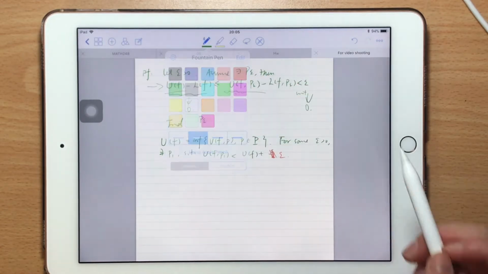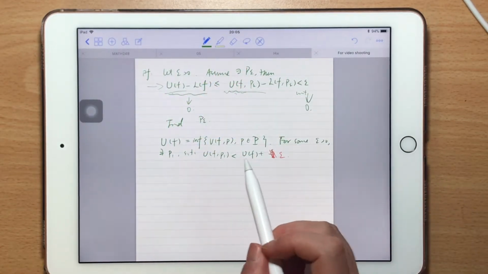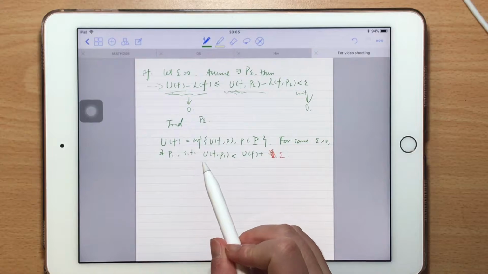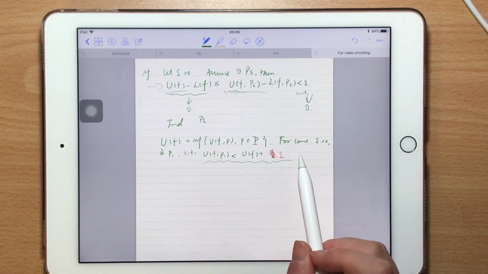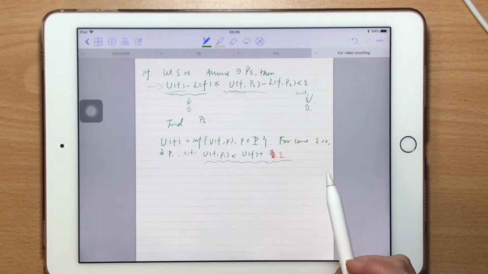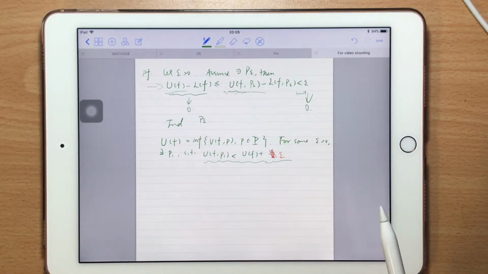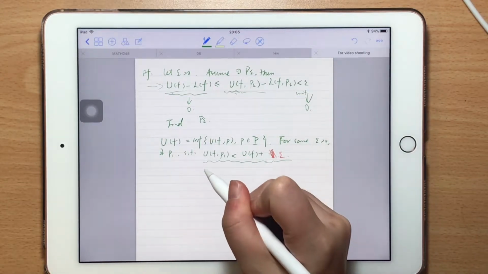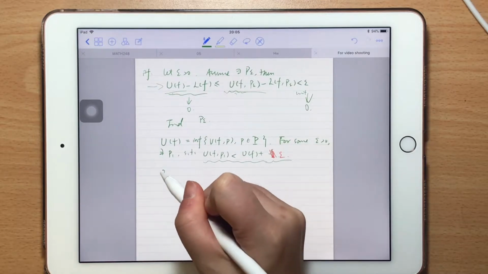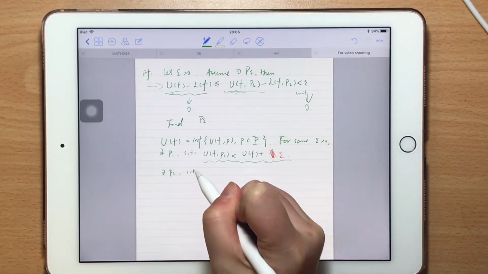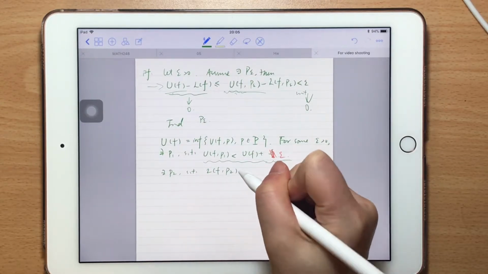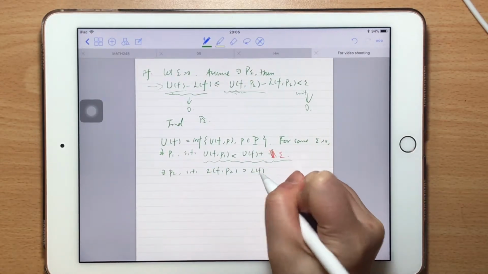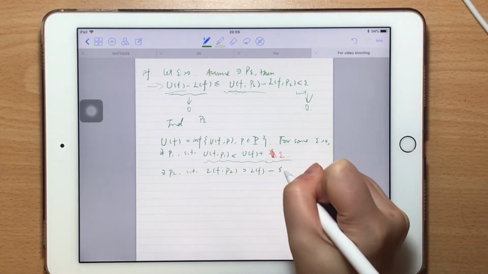It doesn't matter. I choose epsilon over 2 because at the end of the proof it will come together to be a nice epsilon. By the way, this inequality comes from the definition of infimum. If you don't remember it, just go click the video for infimum and supremum. And similarly, we will have P2 such that LFP2 will be larger than LF minus epsilon.